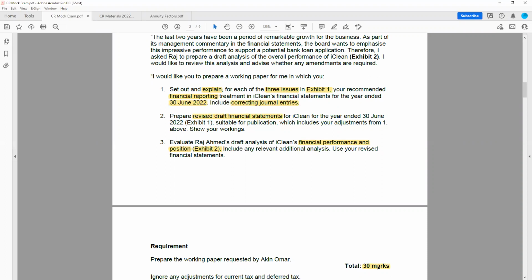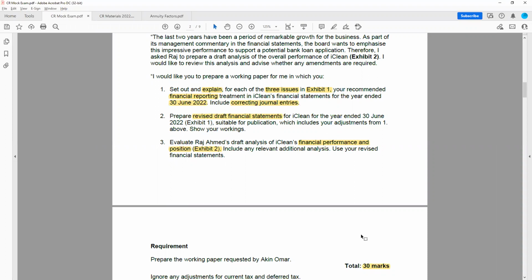Similar with ethics, it can be between 5 and 10, but as a rule of thumb, aim for 8. So I'd say 8 marks here, and therefore, as I said, I'd consider this to be kind of like one single requirement. So I'd have like 22 marks here for these 2 bits, and then you could kind of allocate your time like that. So maybe do 2 minutes per mark, so just kind of rounding it down slightly to allow for some reading time.